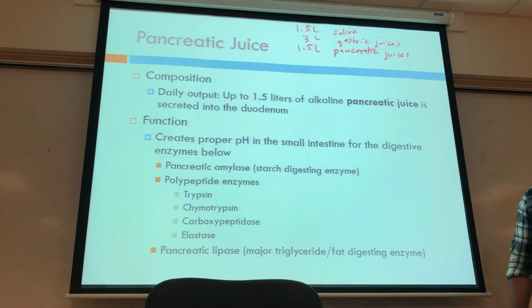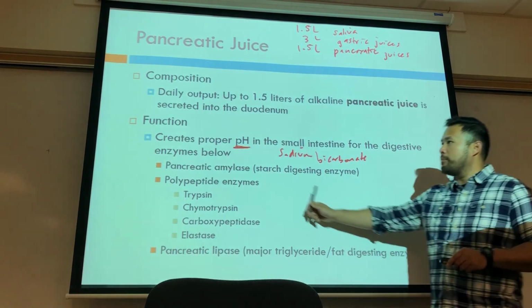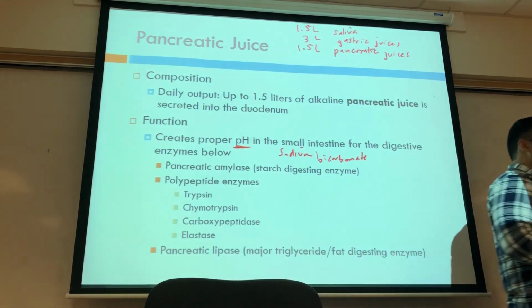So the whole purpose of the pancreatic juice is to, again, buffer that pH. We have the acidic chyme that's making its way into the small intestine. We want to be able to buffer it, and that's where we get our sodium bicarbonate. The other enzymes, you'll see, we have pancreatic amylase, again, amylase for the purposes of digesting starches.